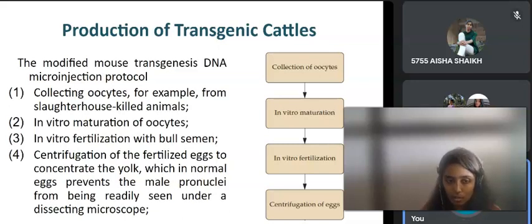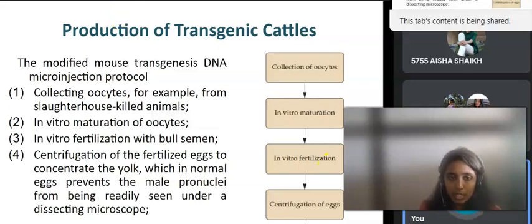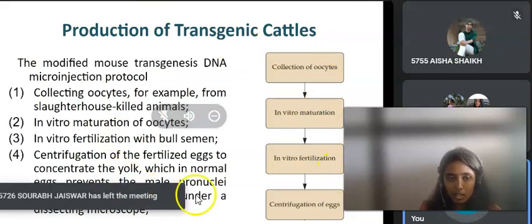Why do we have to concentrate? In normal eggs the male pronuclei is not visible properly. So if you want to visualize the pronuclei properly under the microscope, then you have to centrifuge it so that the yolk gets concentrated at one place. The yolk is spread out in the egg, so we want to concentrate it. That is the reason why we are going to centrifuge it.